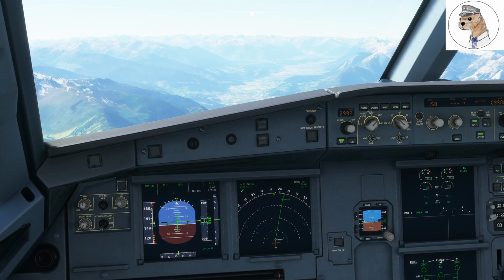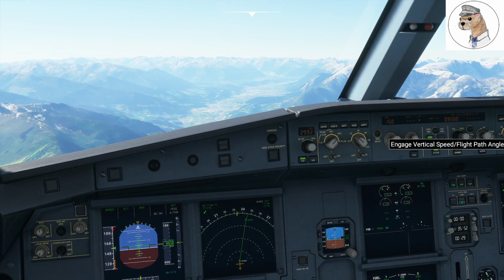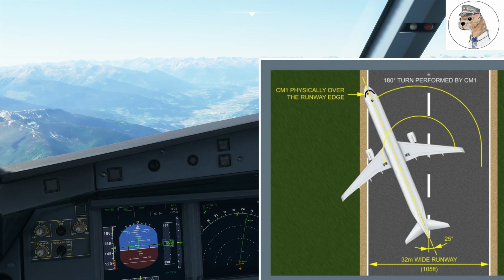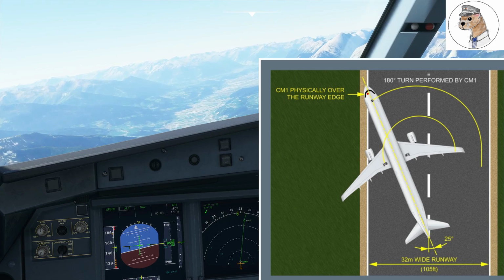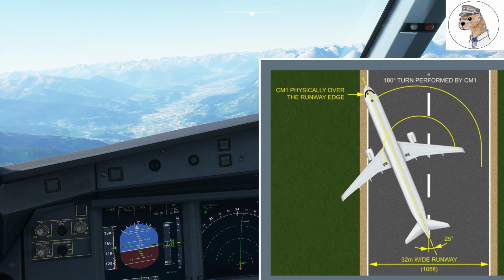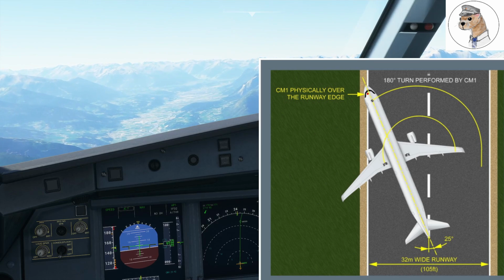After that, we have some taxi and ground handling diagrams. The main takeaway from this really is how much room we need to manoeuvre the aircraft around on a 180 degree turn. Essentially, the rule of thumb is you need a 32 metre wide runway for a 321 and a 30 metre wide runway for a 320 or a 319.